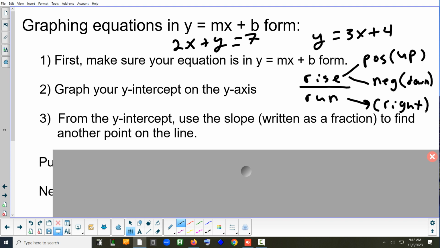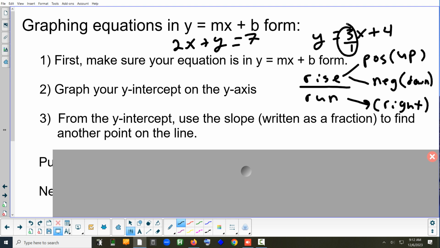So now, what if you had something like this one? 3x plus 4. The slope is 3, but it's not a fraction. How could you make 3 a fraction if you had to? Put 1 under it. So now, looking at the slope, what's the rise in that slope? 3. And what's the run? 1.